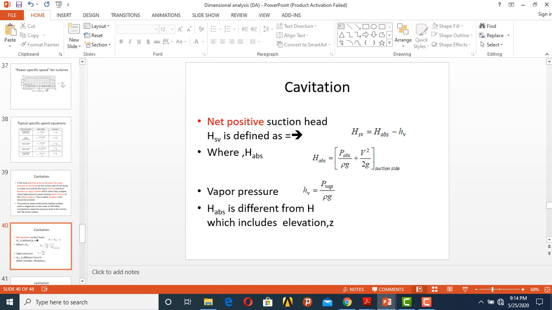Each fluid has a vapor pressure at different temperatures, like water has a vapor pressure at different temperatures. There is a graph which will help us find these vapor pressures at different temperatures. So to find the suction vapor pressure, we subtract the vapor pressure from the absolute pressure.